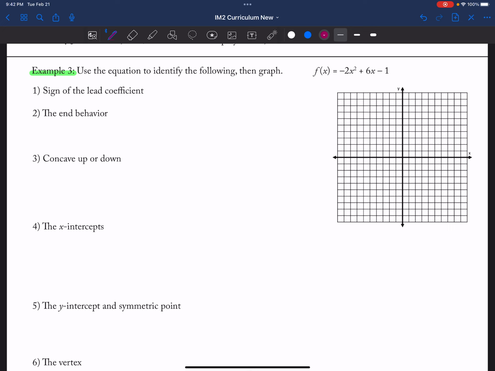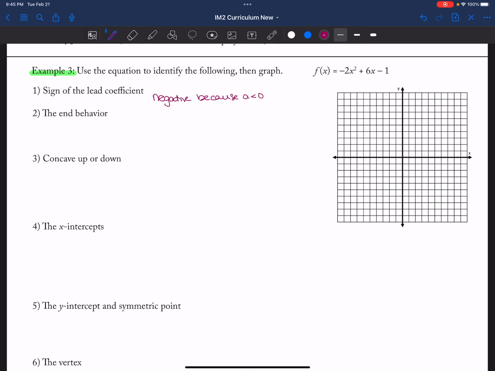All right. So our leading coefficient for this one, my a is negative 2. So then my leading coefficient is negative because a is less than 0.